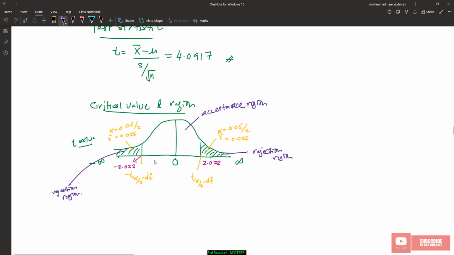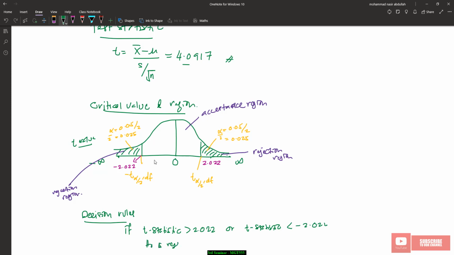Decision rule: if the T statistic is more than 2.022 or the T statistic is less than negative 2.022, it means that this value lies in the rejection region. So the null hypothesis is rejected. Okay.